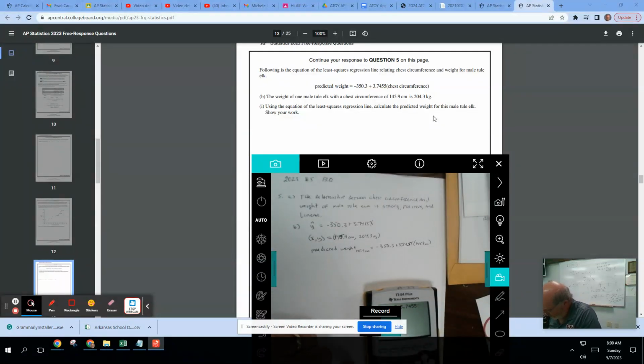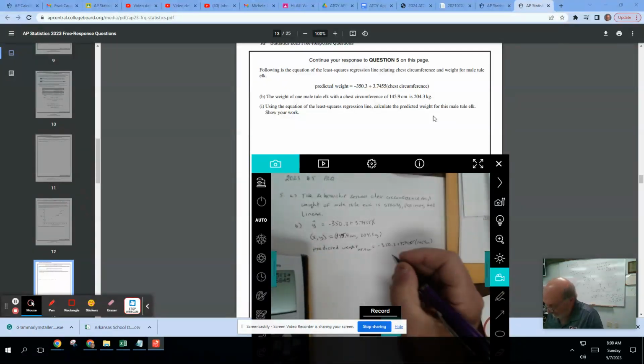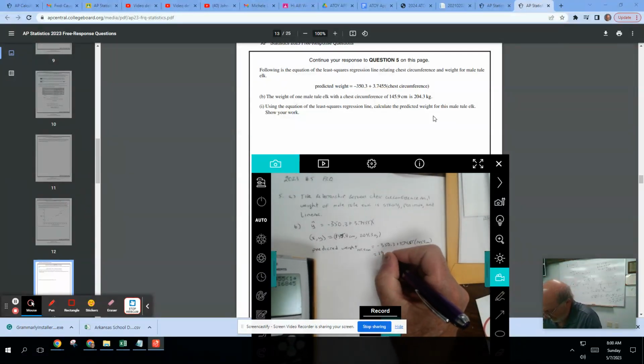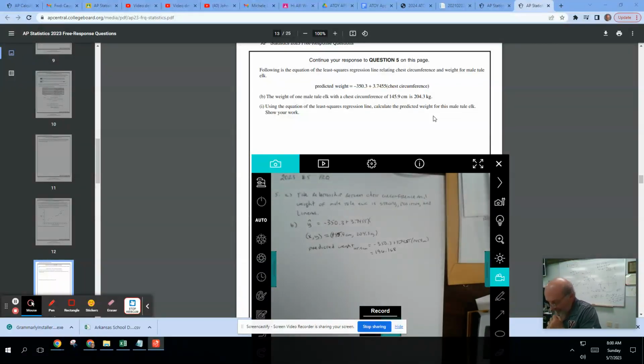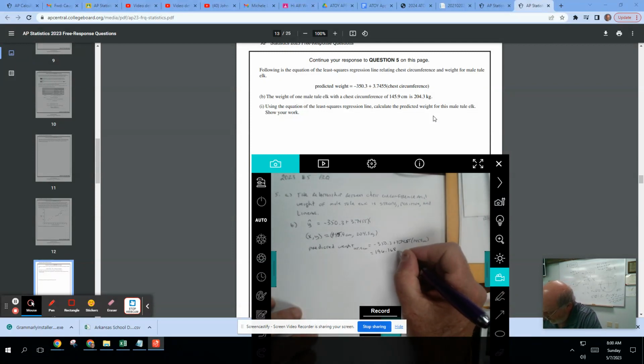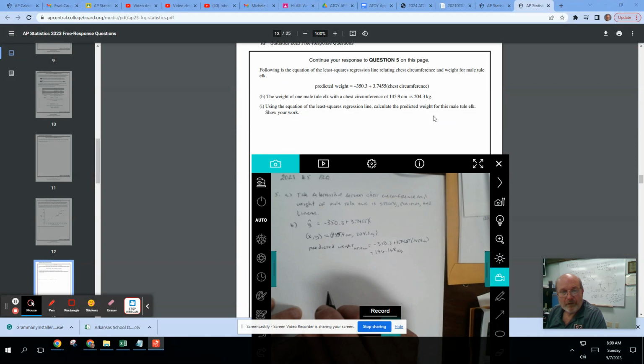Times 145.9. And that looks like 196.1685. We'll just go with that. And this is going to be in kilograms. That's the predicted weight in kilograms.